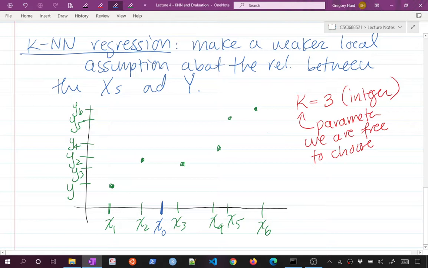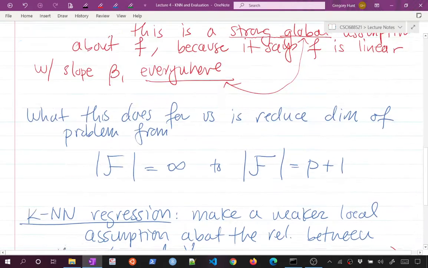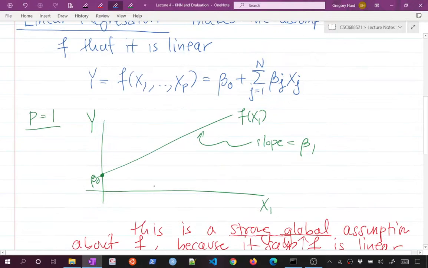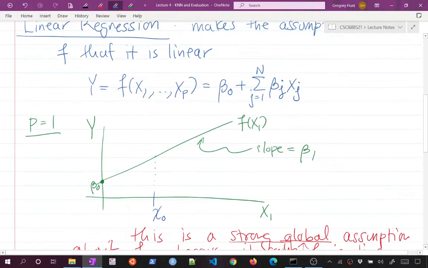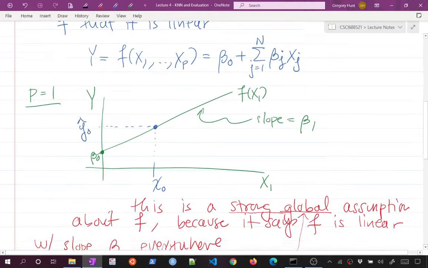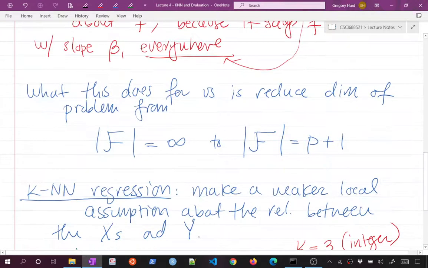So we think it should be somewhere around here. If I were to do this in linear regression, this would be pretty easy. We go up to the line, and whatever point is on that line, that's my y naught hat. It's my predicted value of y for the given x naught.